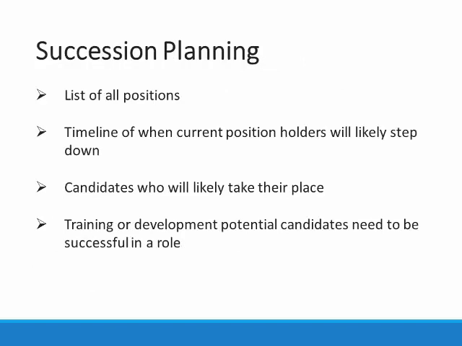The last thing I want to talk about is succession planning. Regardless of what kind of leadership structure your organization has, you have to have a succession plan. Having one in place is a promise to your community that peer support will always be there for them. And succession planning includes having a list of all the positions that are necessary for the functioning of the chapter, a timeline of when people who are currently in those positions will likely step down, and then having a list of candidates who will likely take their place.